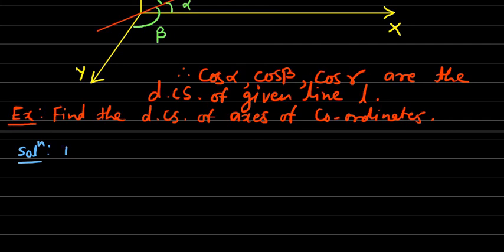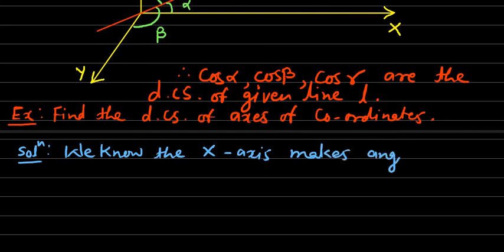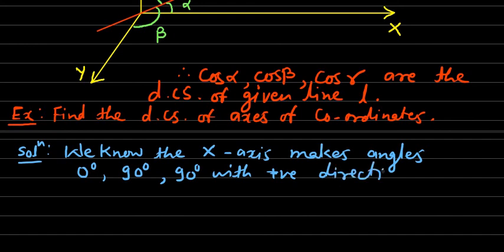We know that the x-axis makes angles 0 degree, 90 degree and 90 degree with positive directions of coordinate axes, means x-axis, y-axis and z-axis.